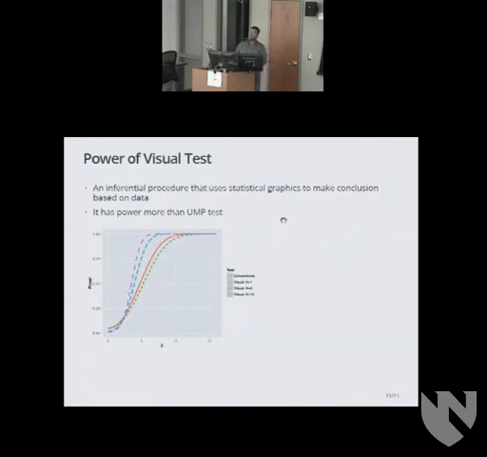So as you can see, as k goes up, our power is going up and up. Not only that, in the conventional inferential procedure, what we learn in our classroom is that if you want to increase power, you also have to increase type 1 error. I mean, you cannot decrease type 1 error and increase power. That is not possible, right?